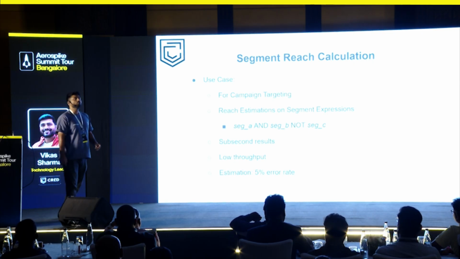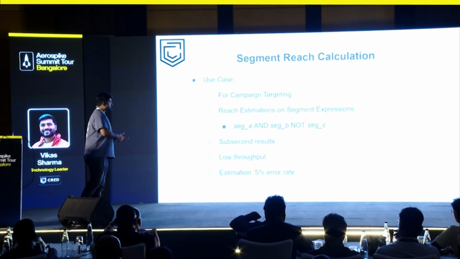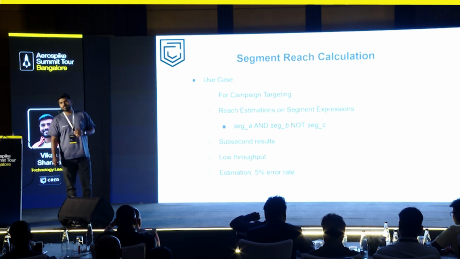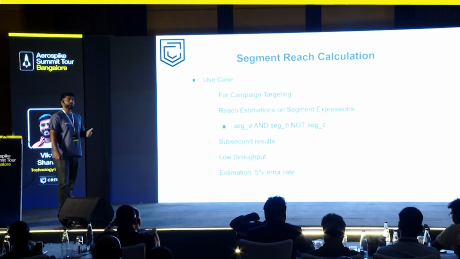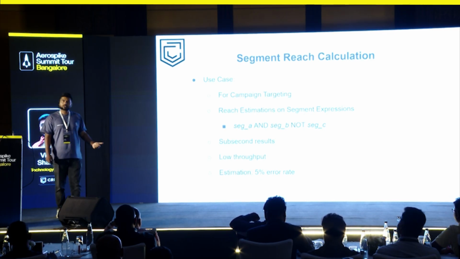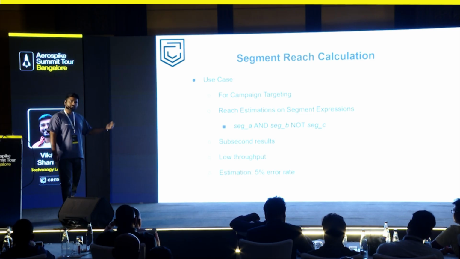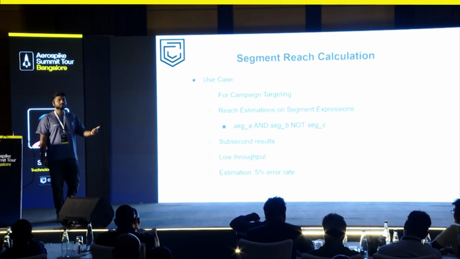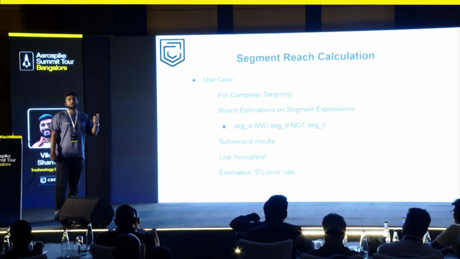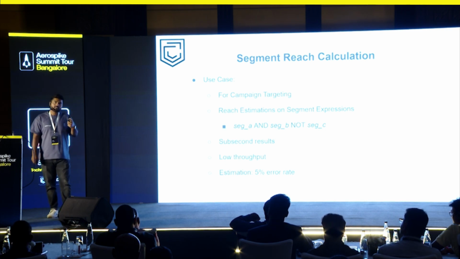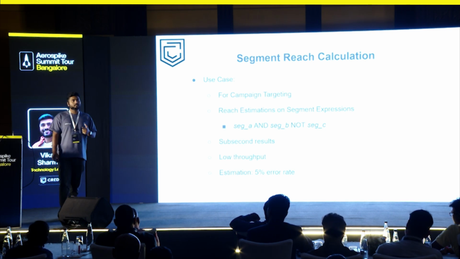The other use case that I wanted to cover as part of this platform was segment reach calculation. We also power segments through this. Of course, the attributes are used as characteristics of the user, which can be used to target, but there is certain logic which the analytics and growth teams wanted to specifically target.